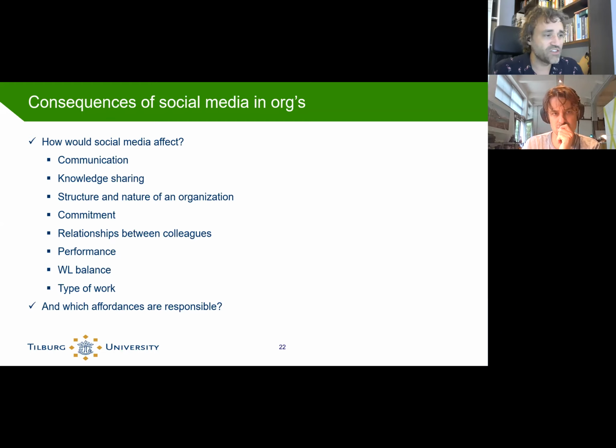So I think the relationship between those four affordances and aspects of the organization is a good way to study the effects of social media at work. And from next Monday on, that's exactly what we'll do.